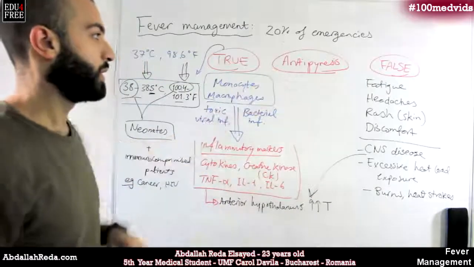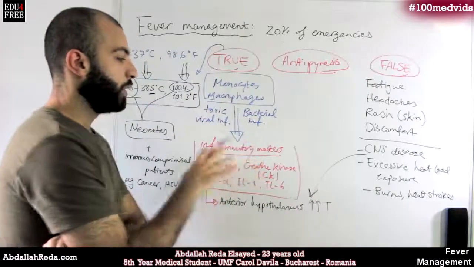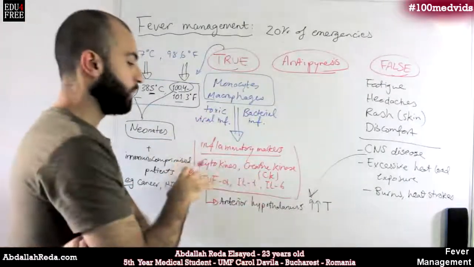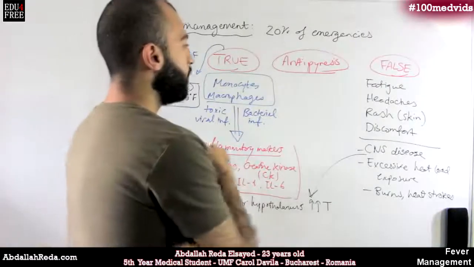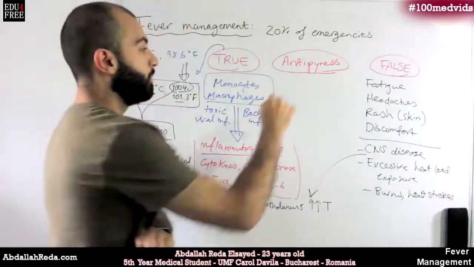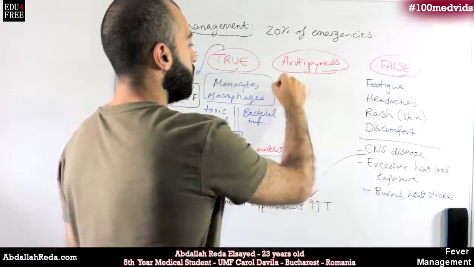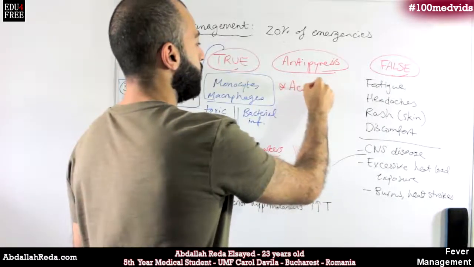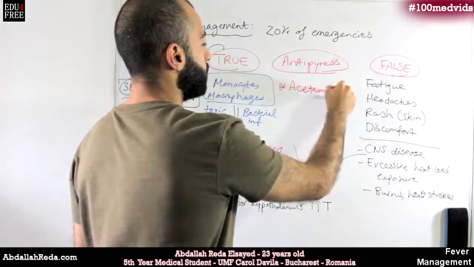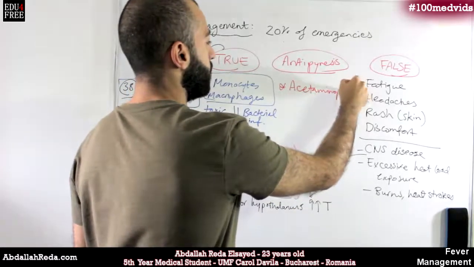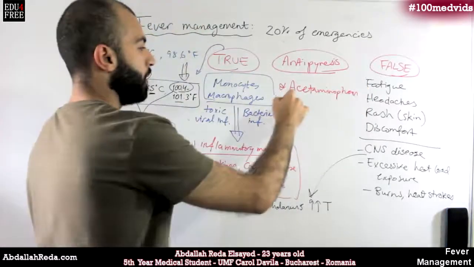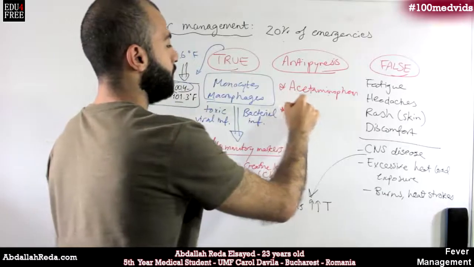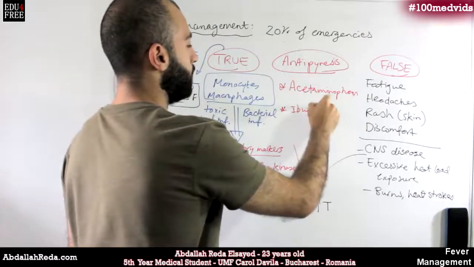We need to decrease that general rise in temperature back to normal limits. So we have options for that. We have acetaminophen. We have ibuprofen.